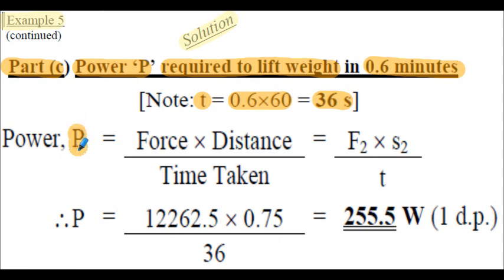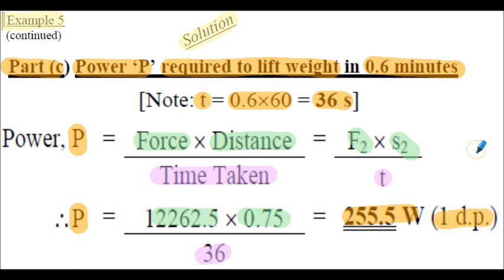So the power required is the force at the output multiplied by the distance moved at the output, F2 multiplied by S2, and that's all divided by the time taken, lowercase t here. Inserting our values, the power required evaluates to 255.5 watts to 1 decimal place. That's the solution for example 5.